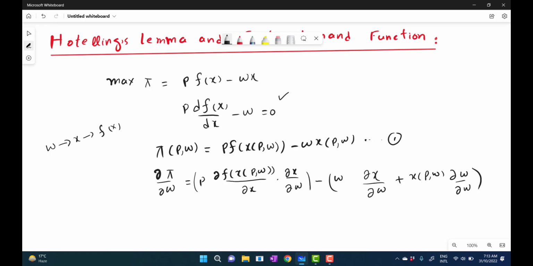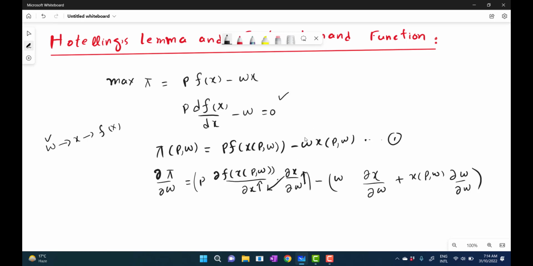That is why the story starts from W. A change in W causes a change in x, and this change in x changes the production function. So we will apply the chain rule. We cannot take the derivative of the production function with respect to W directly, so that is why we have applied the chain rule over here.